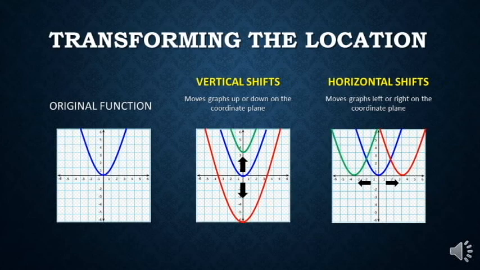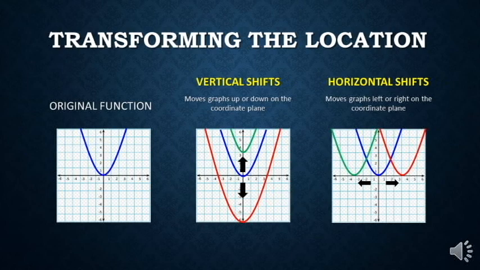We have our original function, but the red function shows the exact same curve, simply just moved down 6 spaces. The green curve shows the exact same function, just moved up 3 spaces. Notice we didn't change the shape of the graph, we simply changed where it was located on the coordinate plane.